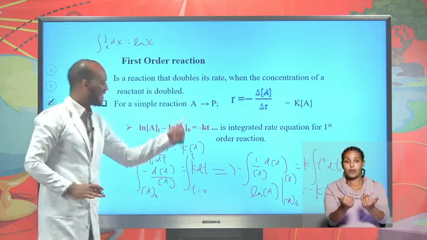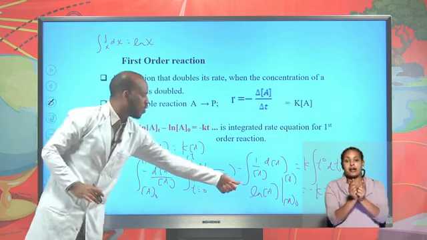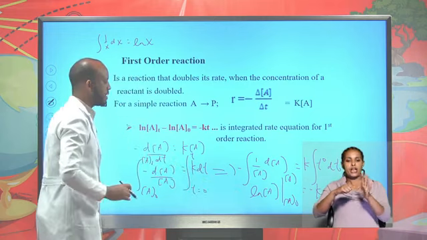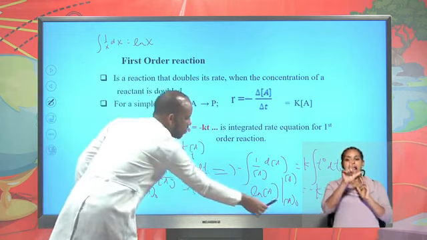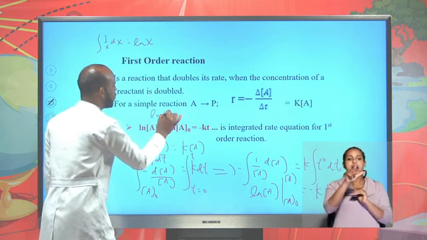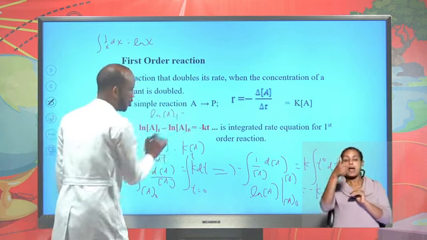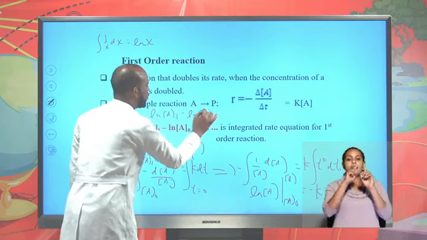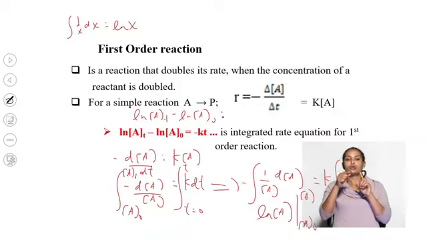Now, the integrated rate equation for a first order reaction becomes ln concentration of A from A naught to concentration of A, which is ln concentration of A at time t minus ln concentration of A naught, equals minus kt.